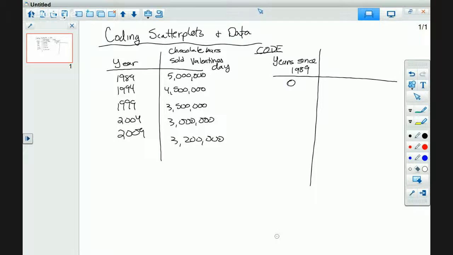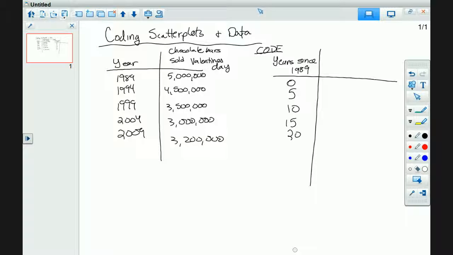When you do your equation, it's going to make your life easier. What's 94 then? Five. So we have a 5, and we have 10, and we have 15, and 20. A little nicer, right?